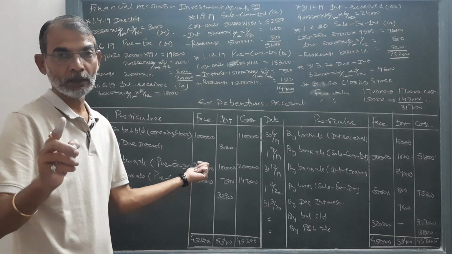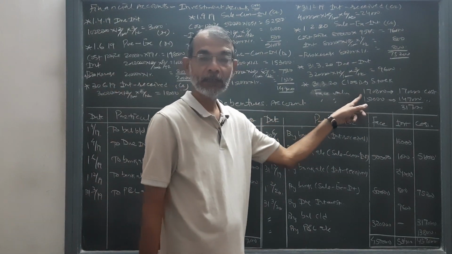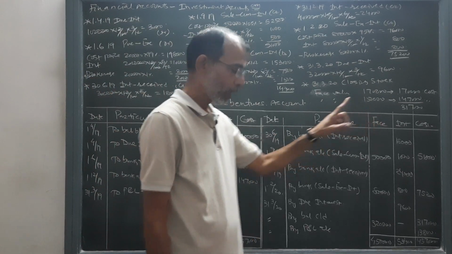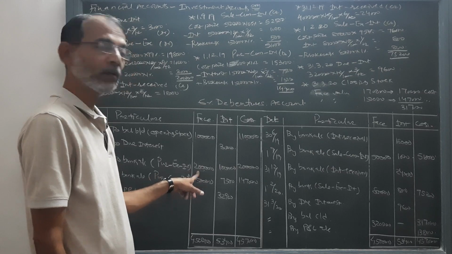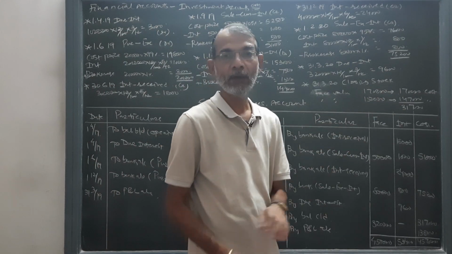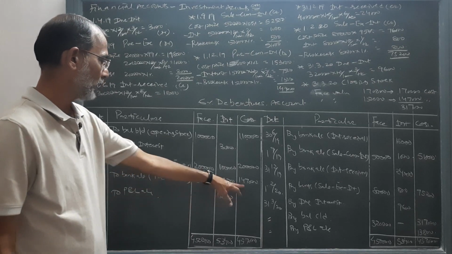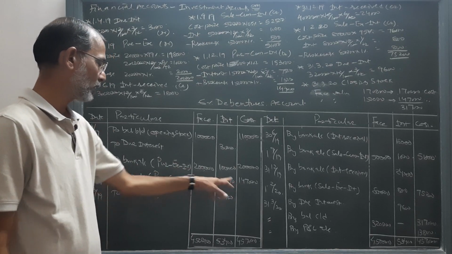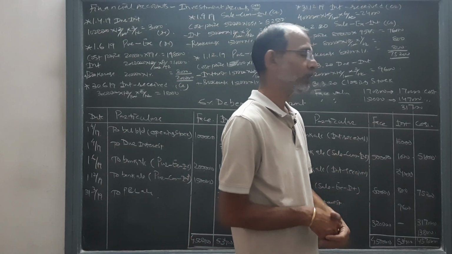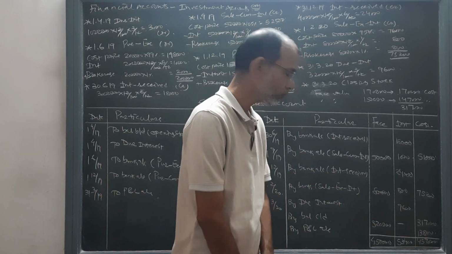So out of 2 lakh, if you are selling debentures of 30,000, the balance will be 170, and this balance will remain as it is, 150. If an investment of 2 lakh has a cost of 2 lakh, then 170 has a value of 170, and the cost price of this 150,000 debenture is 1,47,000. So the total cost price of 3,17,000 will be written on the credit side, and face value 320.